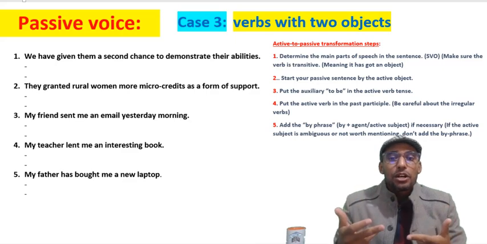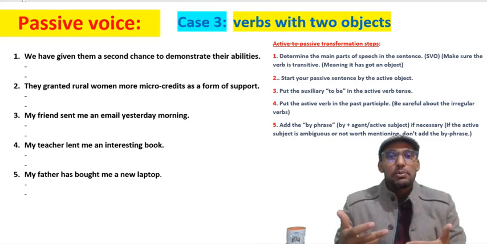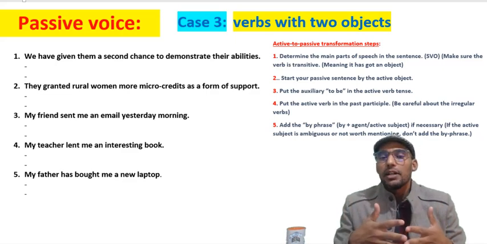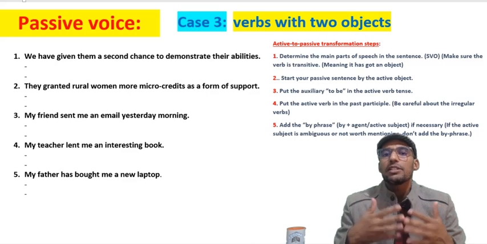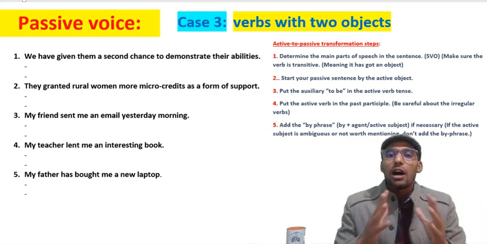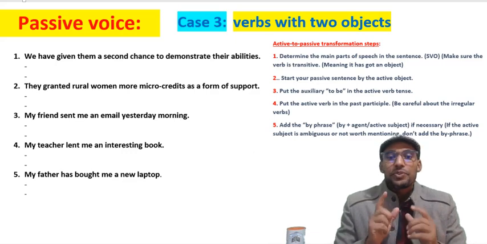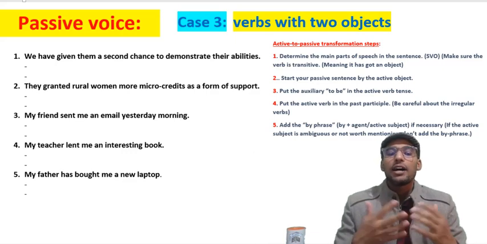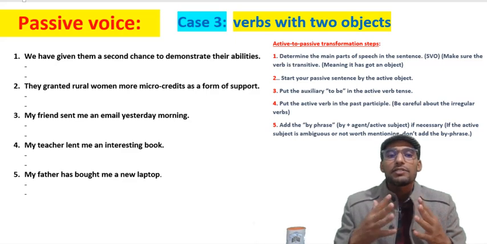And number 4, we have to put the main verb in the past participle. It should always be in the past participle form. And the last step, which is sometimes optional, is to add the by-phrase, especially if the agent is clear, obvious, and important.